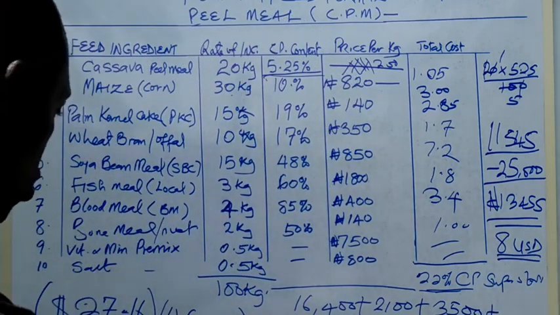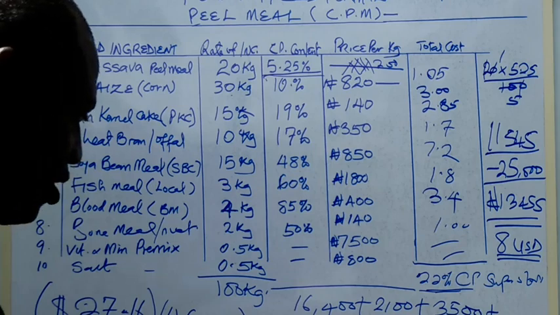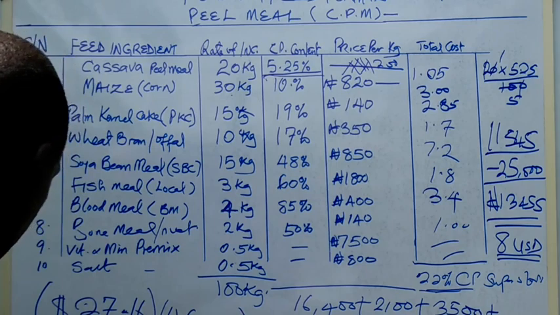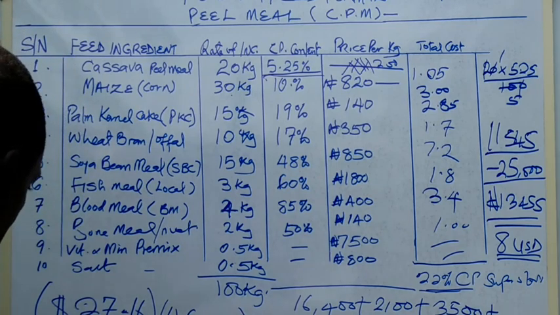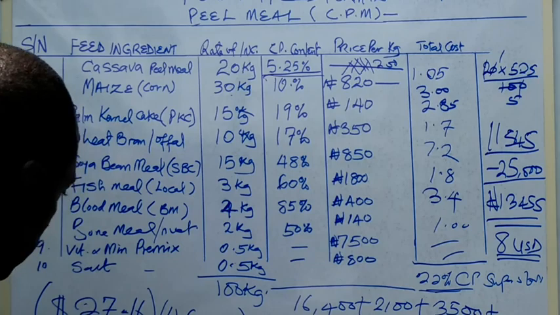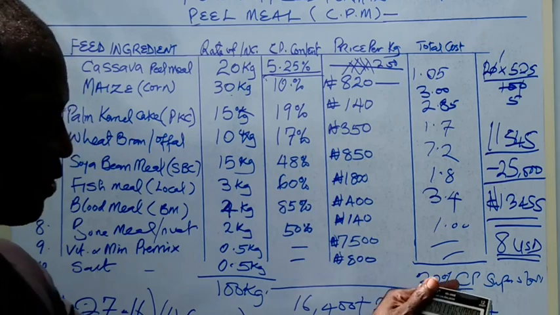It will cost you 11,545 divided by 1,700 as of today, which is $6.79 USD to produce a bag of super starter, 22% crude protein.